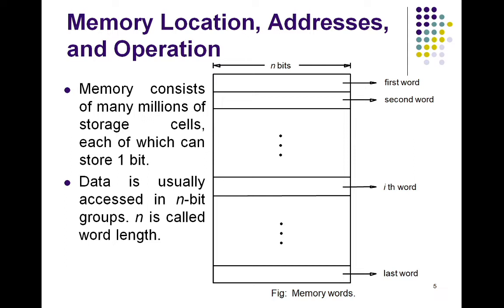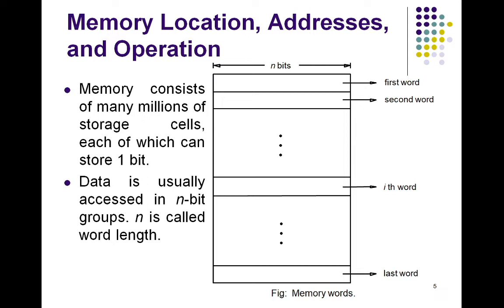For this purpose, the memory is organized so that a group of n bits can be stored or retrieved in a single basic operation. So the retrieval or storing of the information is in terms of a group of bits in a single basic operation.